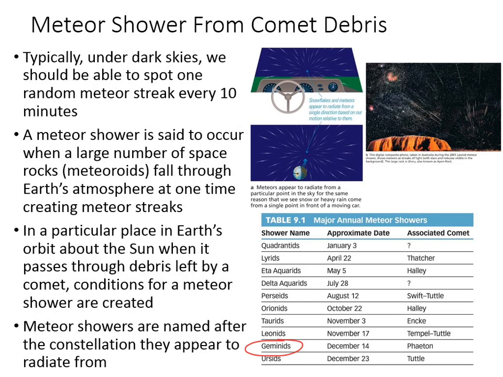And another big one, as I mentioned when we started out the semester, is the Perseids. Those are really big. When the Earth passes through the comet debris, that's when you get a meteor shower. And that happens like clockwork at certain times of the year. That's why we have meteor showers at certain times of the year.